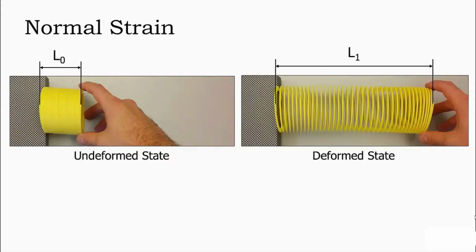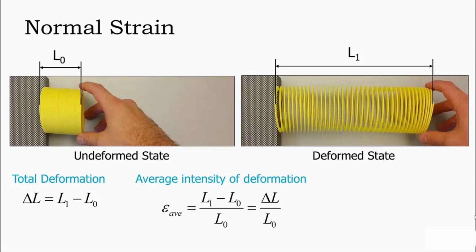Looking at the undeformed and deformed states of our slinky, we can define several things. First, the total deformation is simply the final length in the deformed state, L1, minus the initial undeformed length, L0. The average intensity of the deformation, or average strain, is given by delta L over the initial length L0.